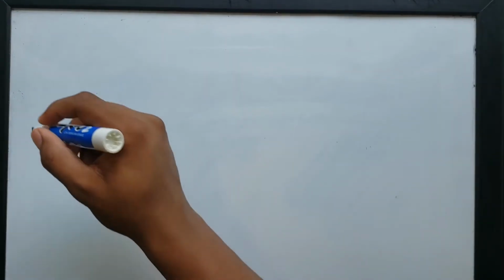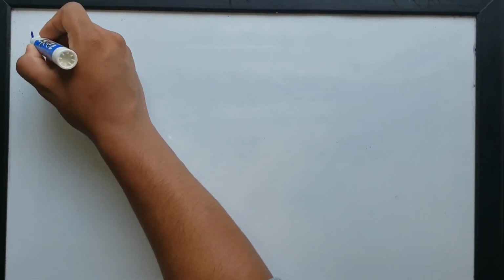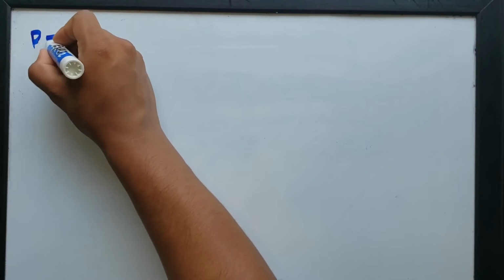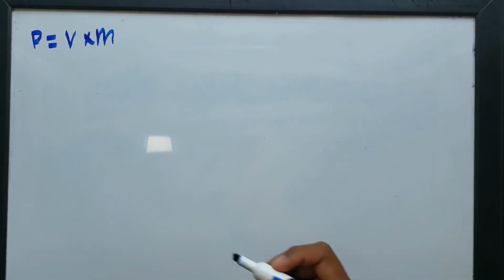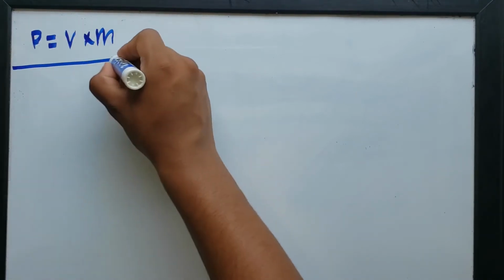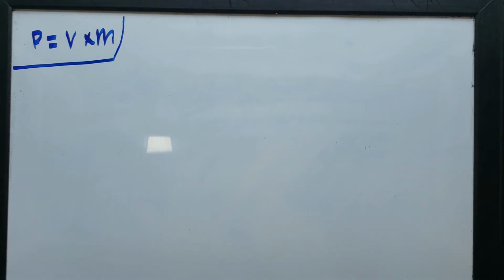When talking about momentum, teachers at schools and educators would also always refer to the equation P is equal to V times M. Now, what does this mean? I'm going to put this in a box here so we can see what we're referring to.